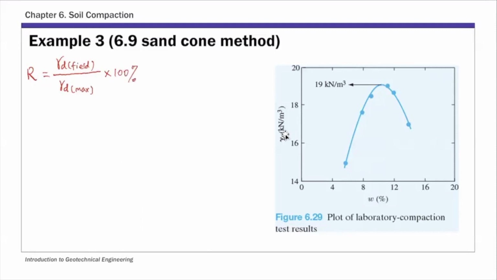In gamma D max, I mentioned that's from your Proctor test. Can be either standard or modified Proctor test, depends on your requirement. So this is from that Proctor test. And gamma D field, that's what we just calculated from the sand cone method. That's from part A. So this is the in situ dry unit weight.